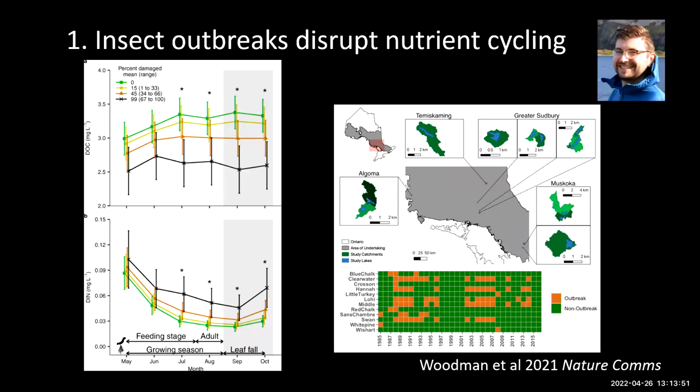But you link that data to the poo of the caterpillar. Yeah, so the thinking is that as the frass is broken down in soils by microbes, they're releasing inorganic forms of nitrogen that then get washed into the water. Presumably there would be an effect on dissolved organic nitrogen as well, but we don't have the data. Okay, I just didn't understand.